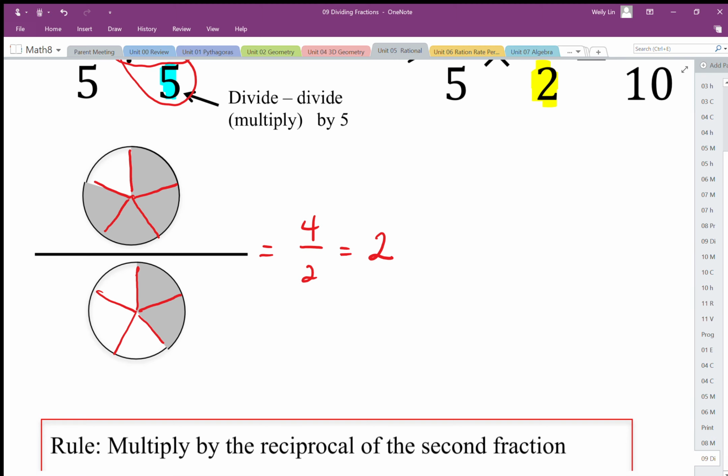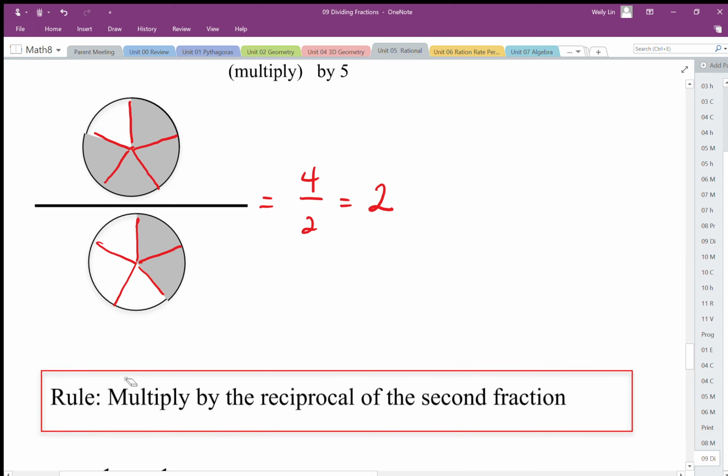In math, that's a general rule we can have. So opposite in math is back to the same place. So this is what we're doing. Instead of dividing, we're going to do the opposite, multiply. And to balance that opposite multiply, we're going to flip the fraction, or the reciprocal. So we exchange the times and divide of that second fraction, and that gives us a much easier way to divide fractions. We can just change it to multiplication.